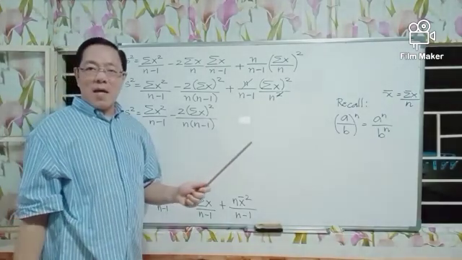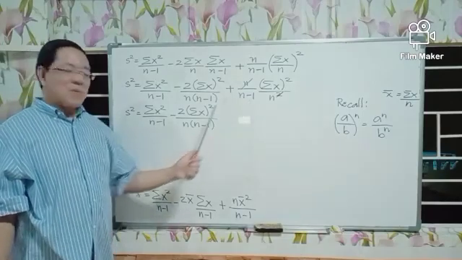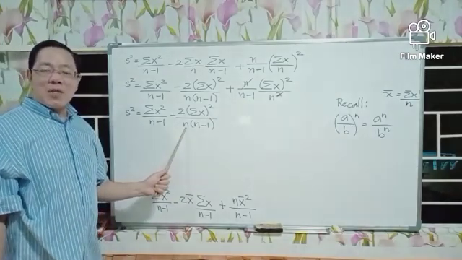We write first n multiplied by n minus 1, so that the denominator of the last term is the same as the denominator of the second term.